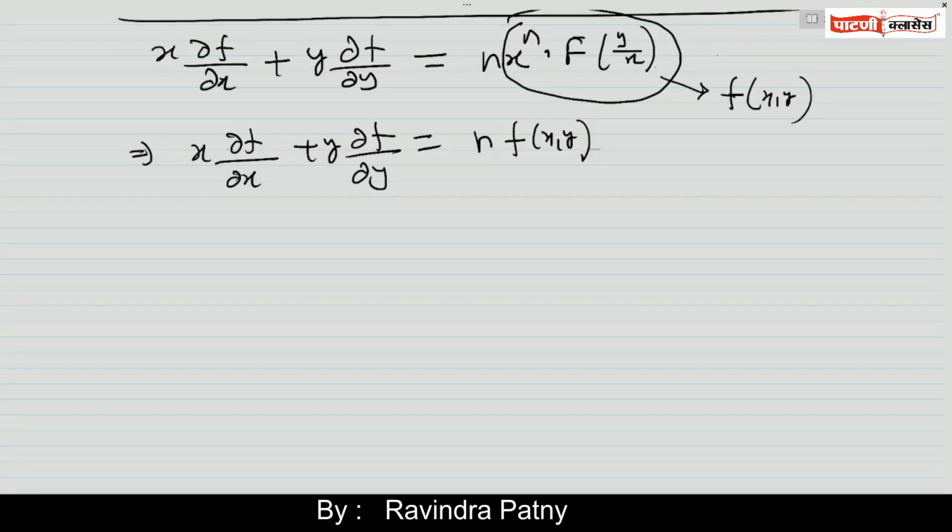and by this proof and this concept, let us also talk about a corollary of Euler's theorem as follows.